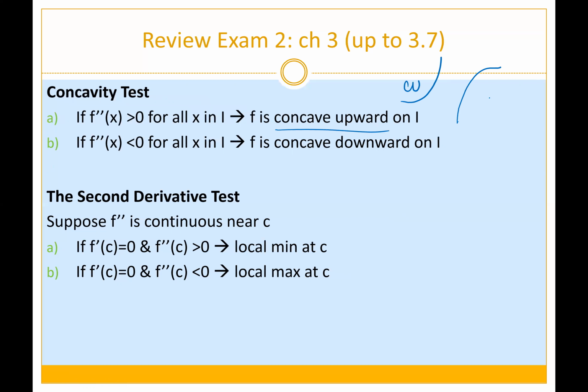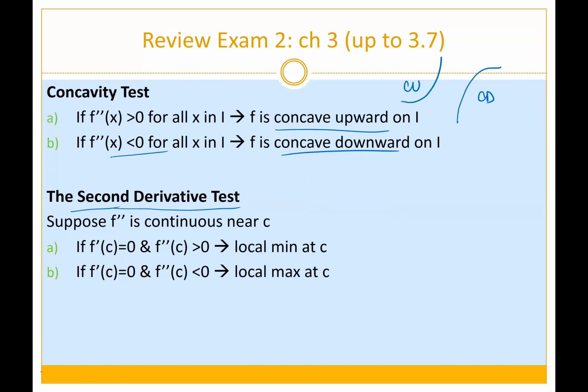So this one's concave upward and this one is concave downward when the second derivative is smaller than 0. The second derivative test also allows you to identify if it's a local maximum or local minimum at that critical number, but it's not very commonly used, especially when you can check for the change of signs of f prime of x, the first derivative.